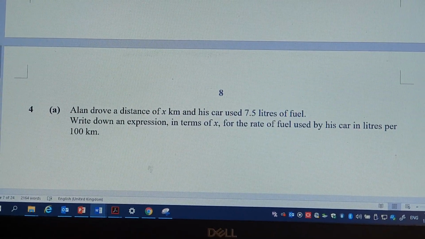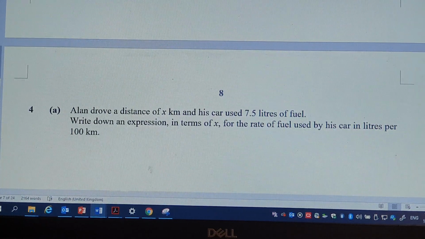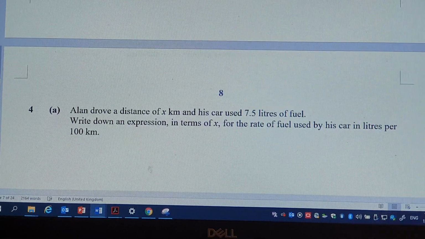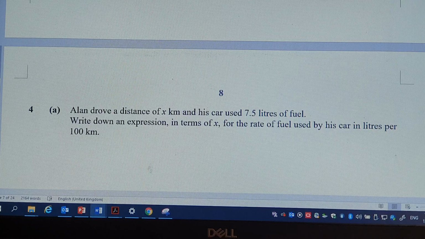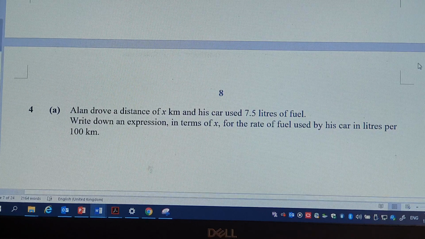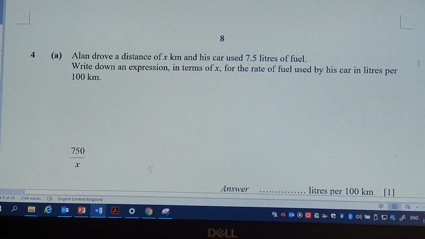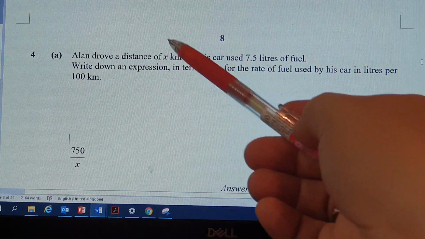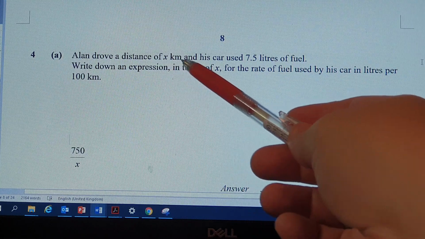Alan drove a distance of X kilometers and his car used 7.5 liters of fuel. Write down an expression in terms of X for the rate of fuel used by his car in liters per 100 kilometers. So that is the question. Very simple, right? What are we using? X kilometers, right?